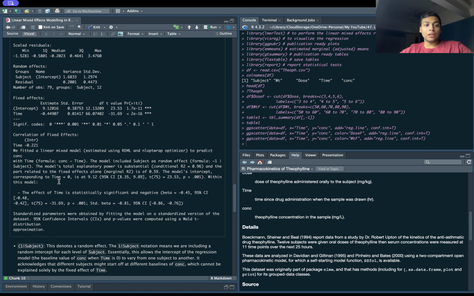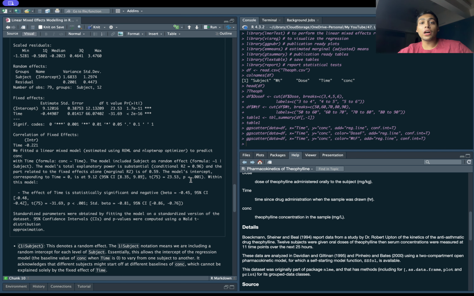And the R squared is 0.96, and this is really good. The model fit is extremely good, suspiciously too good. 0.96, 96%. It explains the variance of concentration. So at this point we could just call it quits.